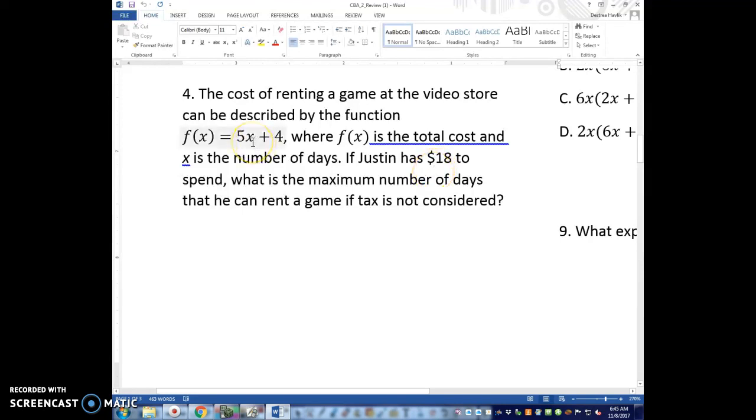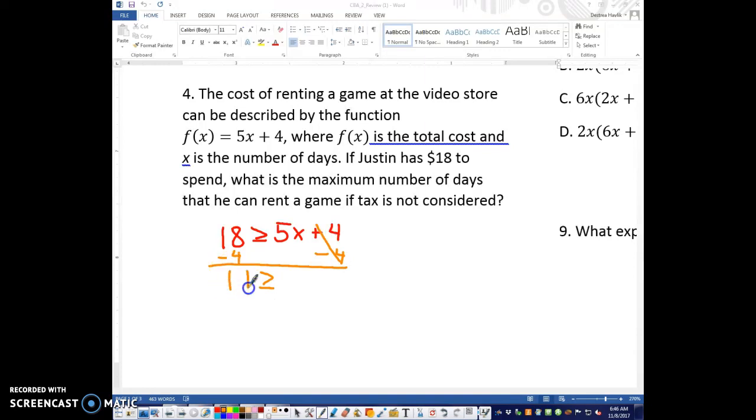They want to know how many days can he do for 18. So 18 is the biggest amount, so greater than or equal to 5x plus 4. Okay, can we distribute? No. Are all the x's on one side? Yes. Can we add or subtract? Yes. So we'll subtract the 4, because we're trying to get x by itself, remember?